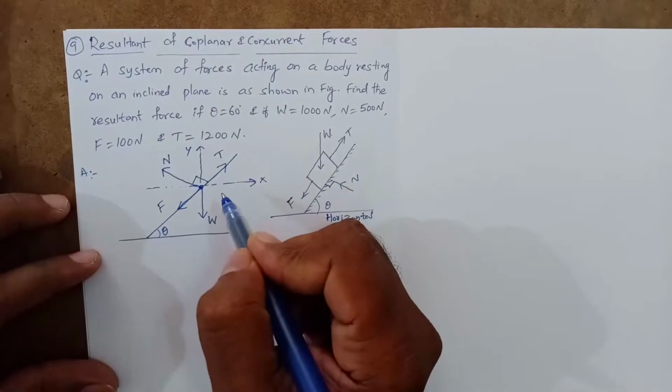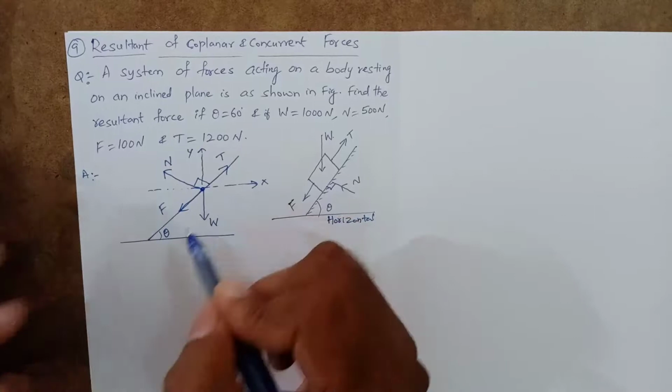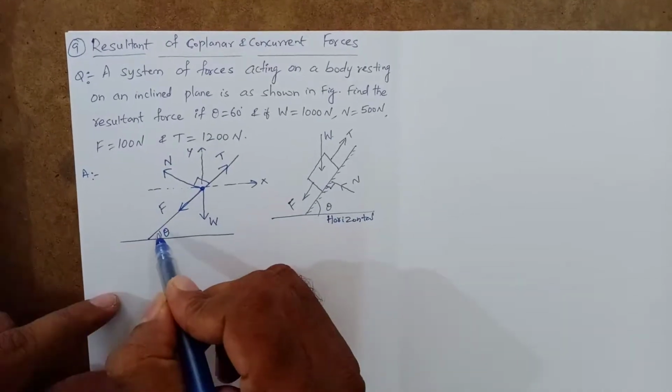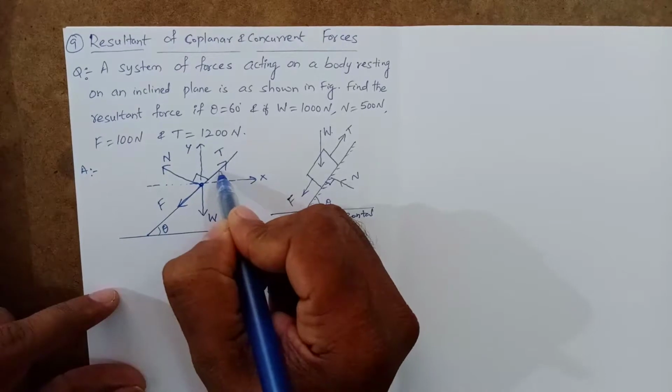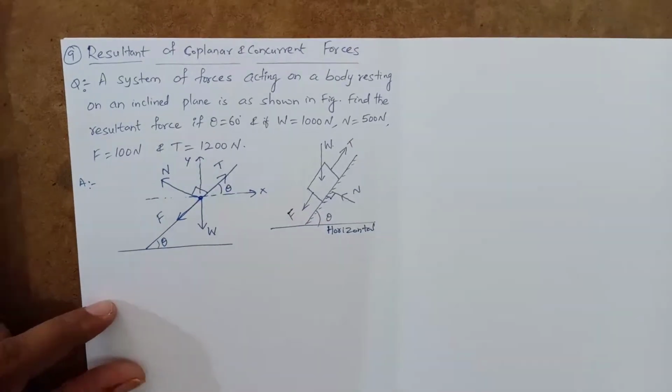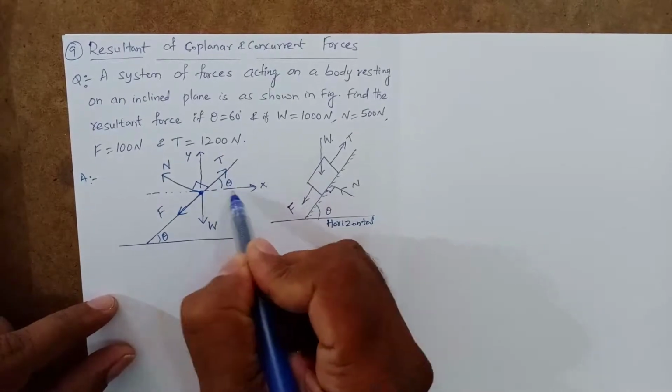For that we should know the angles made by these forces either with the x-axis or with the y-axis. This angle is theta, this angle is theta, so that implies this angle also theta. So now we know the angle made by T with the x-axis.